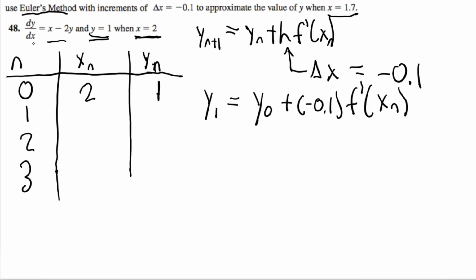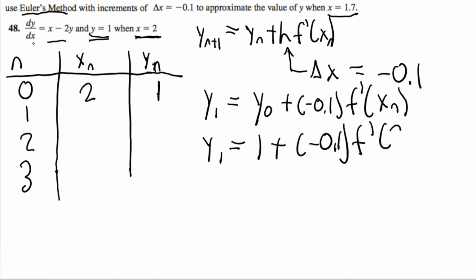Based on substitution, we can plug in our x sub 0 of 2 and y sub 0 of 1, and we get y sub 1 equals 1 plus negative 0.1 multiplied by the derivative at x equals 2. So this actually uses both the x and the y value. An important distinction is that we should be including both the x and the y value.